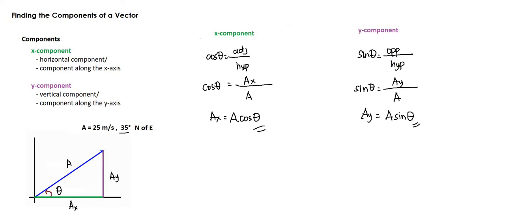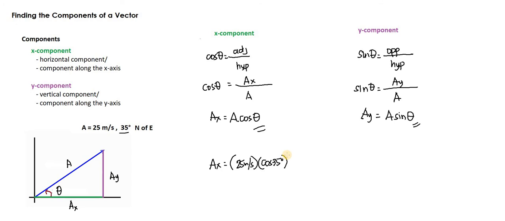Okay, so let's try. Substitute natin yung value for our A sub x. We'll have here the value of A, which is 25 meter per second, multiplied by the cosine of 35 degrees.